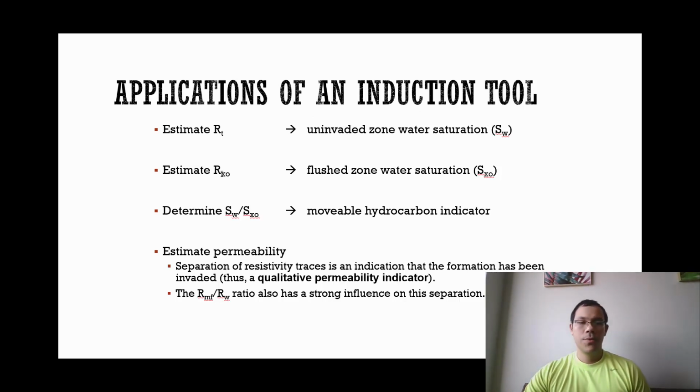You will also get the flushed area resistivity, which will give you the water saturation in the flushed area. And this ratio serves as an indicator of whether or not you have movable hydrocarbons there. Remember, this is a qualitative permeability indicator.